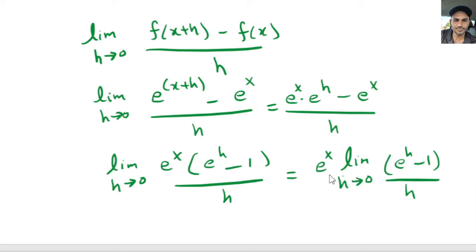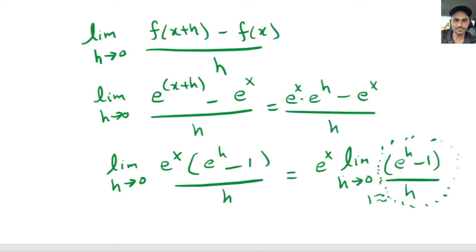Okay, now here we're going to have this portion right here, limit as h goes to 0 of e to the h minus 1 over h. This is equal to 1.